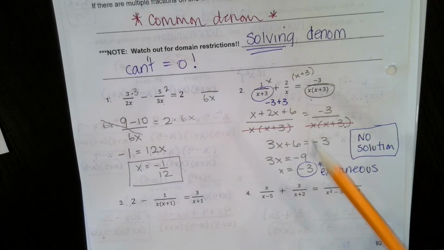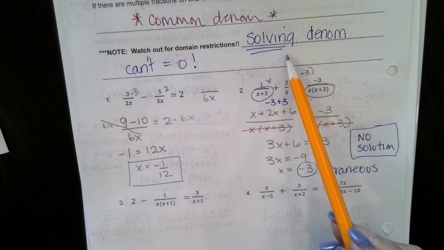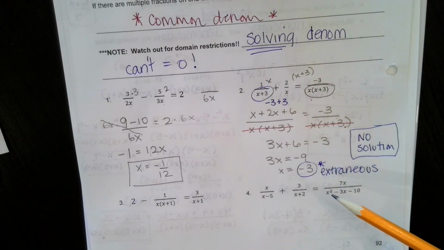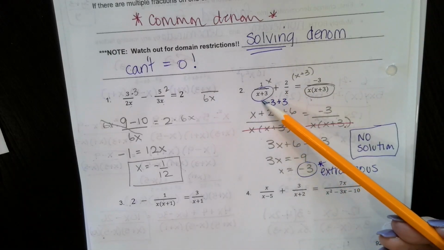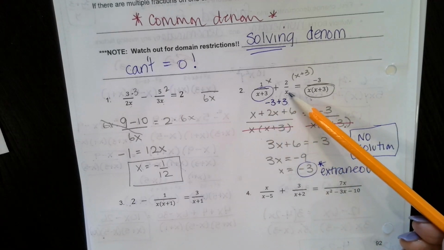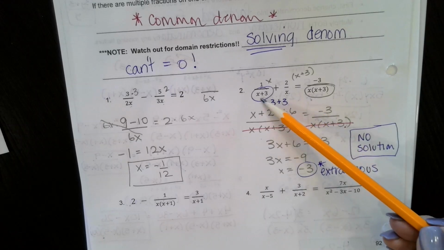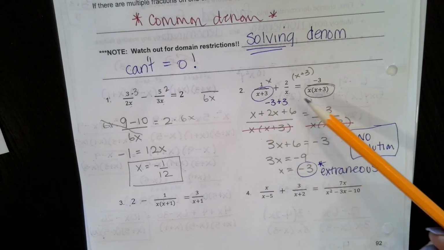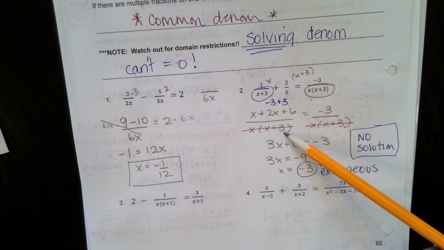So that's what this means up here when we say solving the denominator, it can't equal 0. We're looking for extraneous solutions. So when I plug this in, I get a denominator of 0, so it doesn't work. Now, I know I can plug in negative 3 here, and that works, but because it doesn't work here or here, technically what I've done is I've created this common denominator, so it doesn't work anywhere.